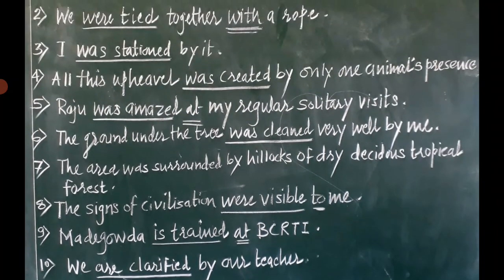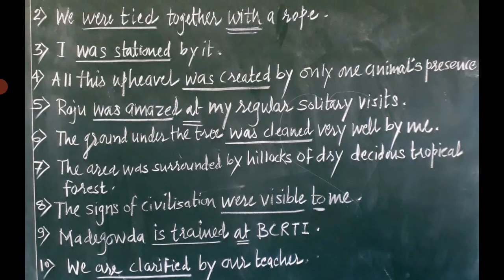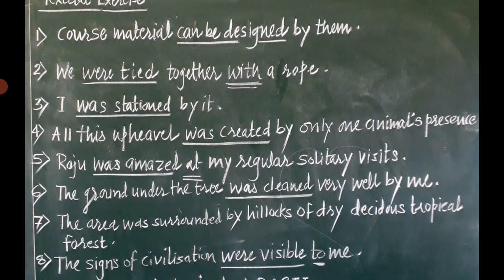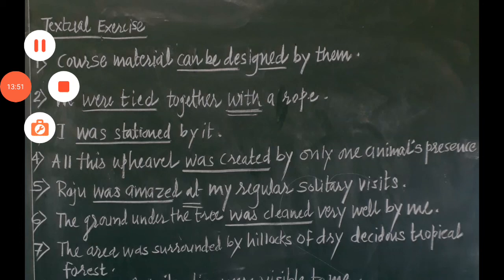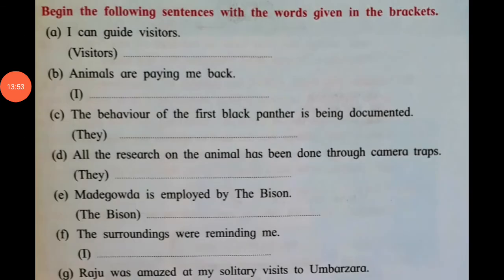So this is how you can convert the given sentences which are in passive structure into active ones. I appeal to you all to please convert the given sentences into active sentences. Dear students, sometimes a question may appear in your exam like, begin the following sentences with the words given in the brackets.